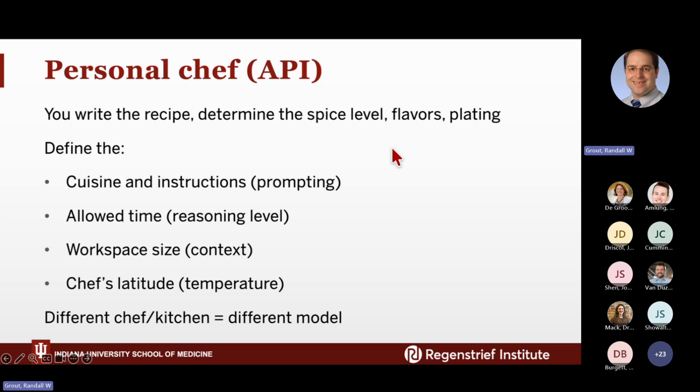However, you're much more likely to get closer to what you wanted if you're using the personal chef, the API version, to get those instructions down specifically. So with this API, you have more ability to control and be able to report and have your science be reproducible by giving and sharing these details.